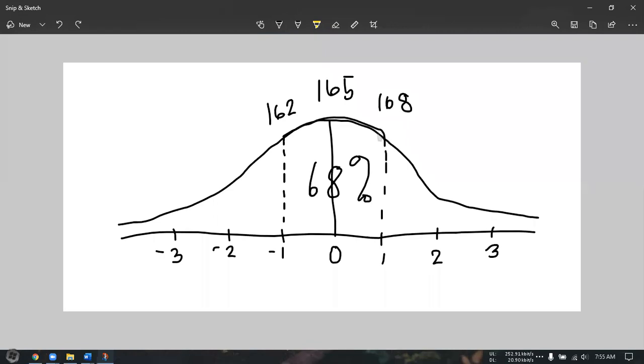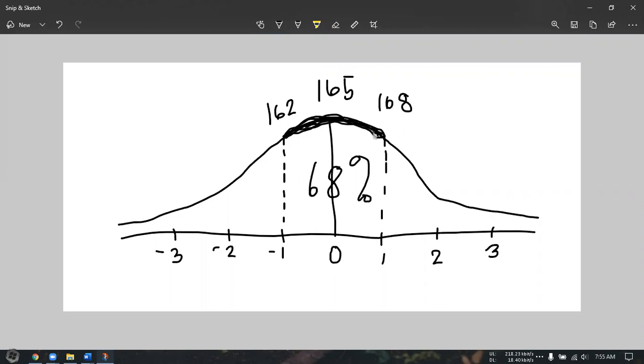That is what we mean by the standard deviation. 68% of the CSA students have heights between 162 to 168, and it's said to be the normal height. The normal height for CSA students is 162 to 168.